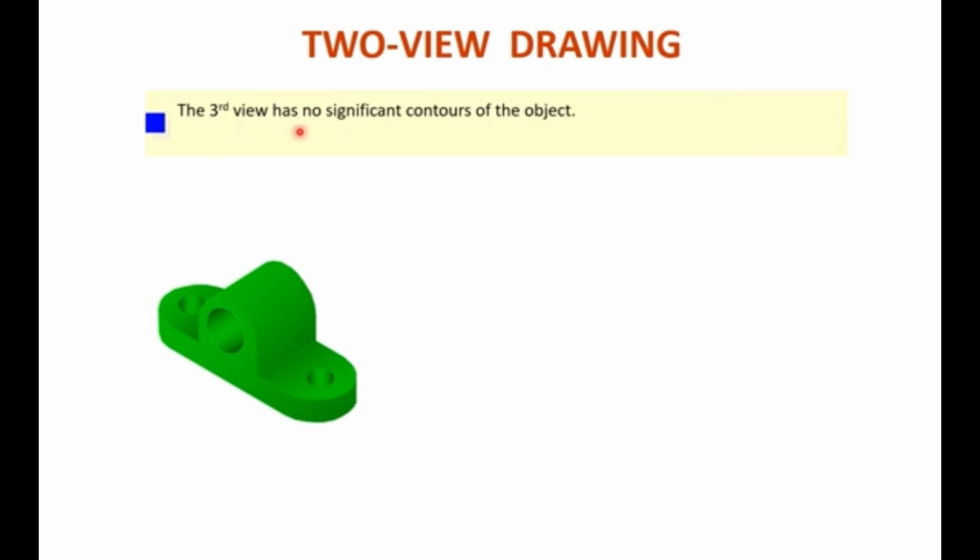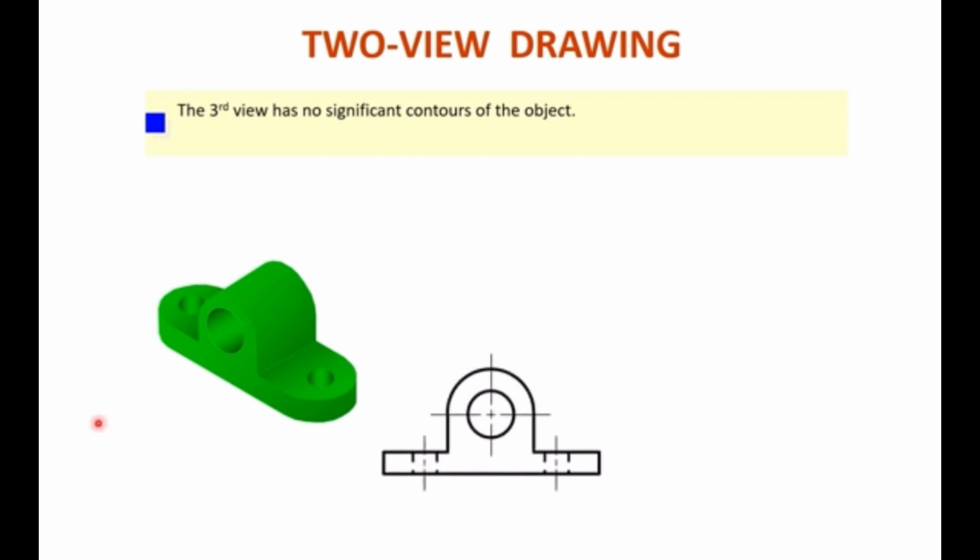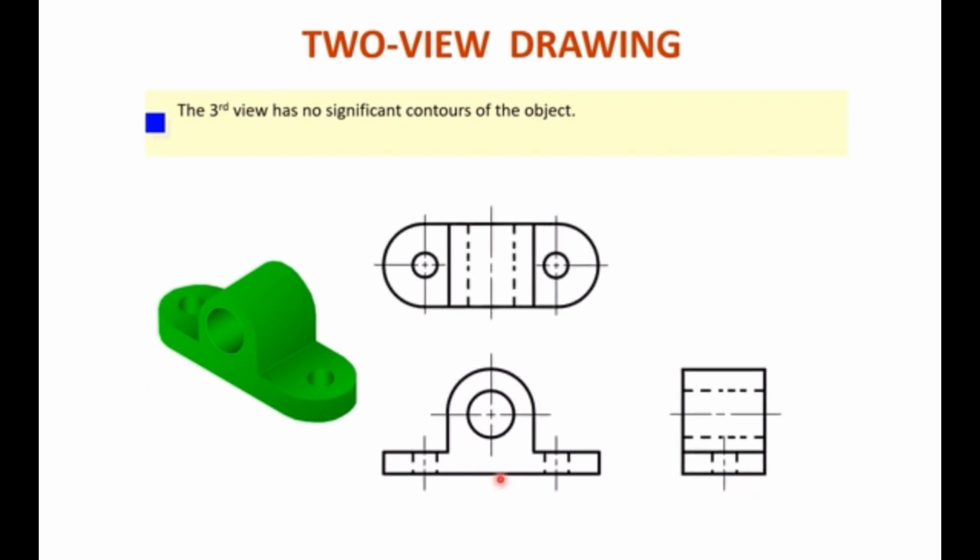The 3D view has no significant contours of the object. Here, when you see from this side, that is the front view. And when you see from the right side, you get this view, dash line here in the lower solid part, and there is a bigger circle in this upper part, from this solid line to upper part, dash.